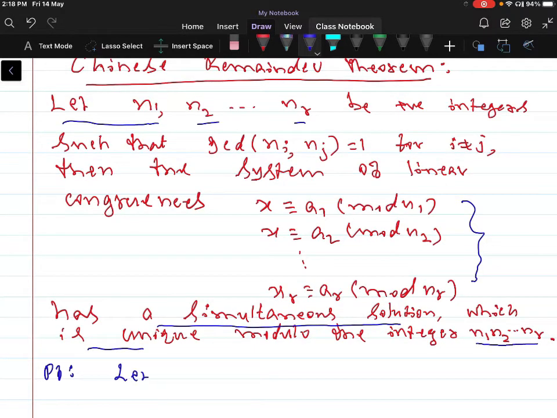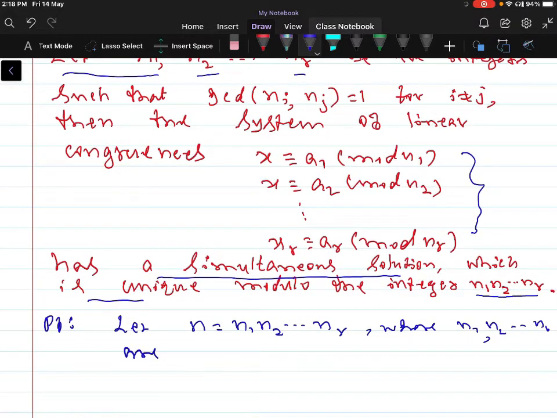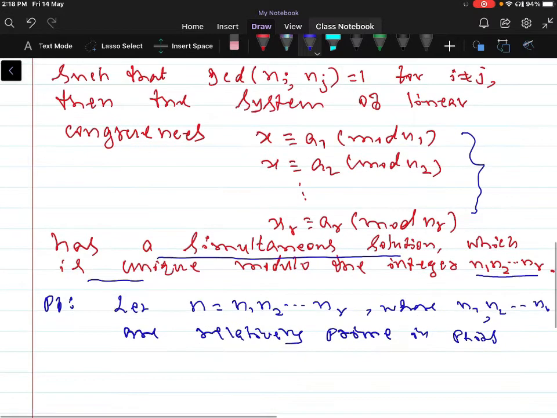Let n is equal to n1 into n2 into n3 and so on nr, where n1, n2 and so on nr are relatively prime in pairs, that is GCD of ni comma nj is equal to 1 for i not equal to j.